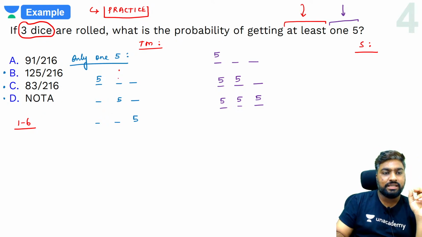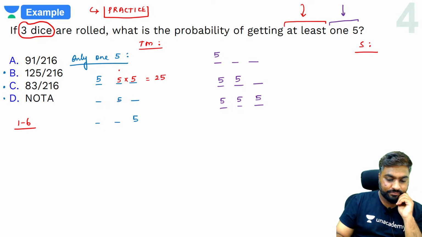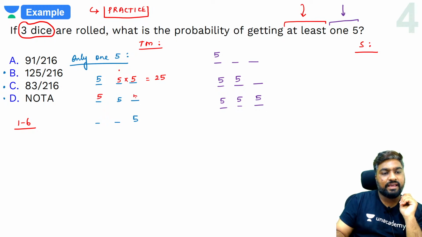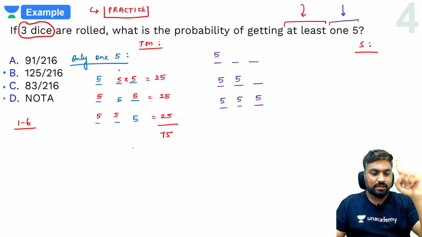So 5 options here, 5 options here, correct? How many? 25 cases here. Same way here, 5 cases, 5 cases, 25 cases here. 5 options, 5 options, 25 options here. So 3 times 25, 75 options with only 1 5.